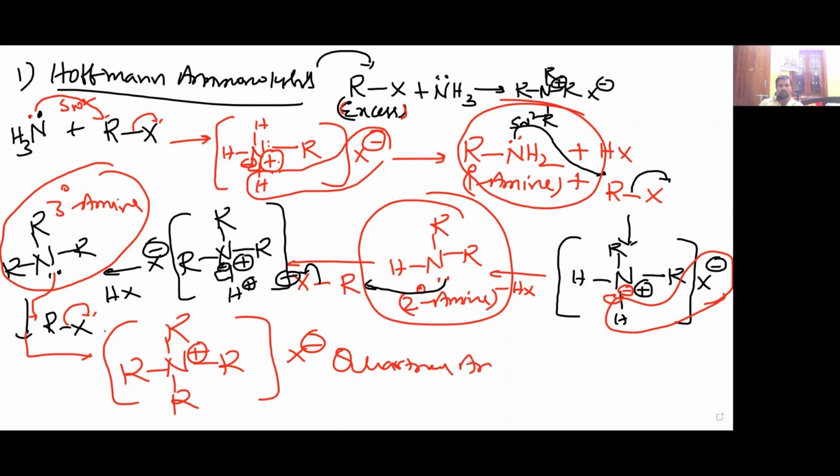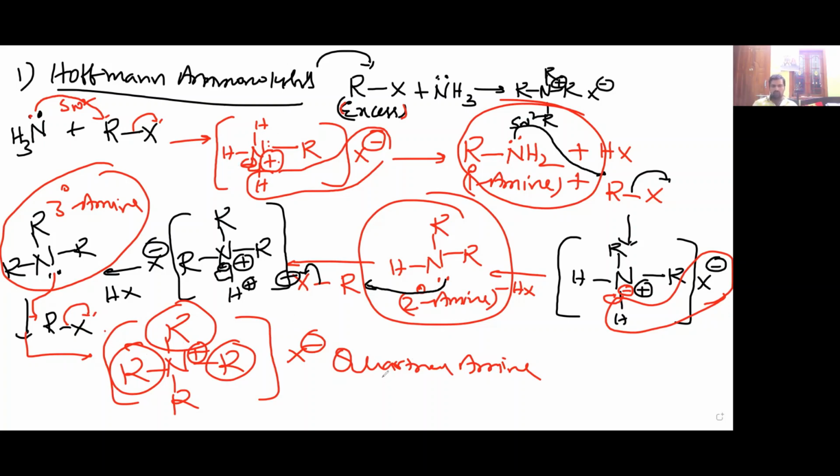Nitrogen initially had three hydrogens, and the hydrogens are replaced with alkyl groups. That's why this is also called Hoffman's exhaustive alkylation, and also Hoffman ammonolysis.